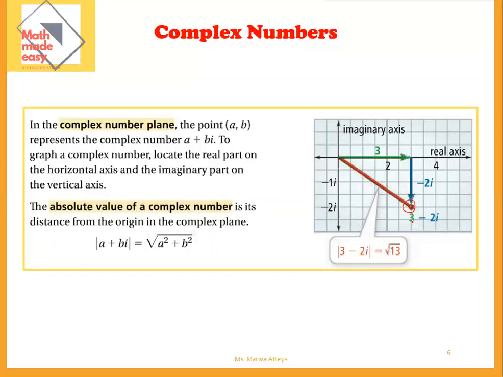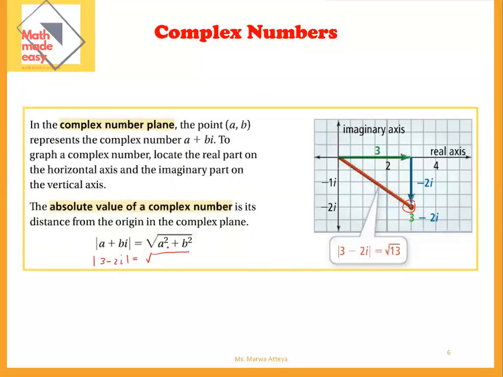One thing else we can know is how to find the distance between that number and the origin. We find it by finding the absolute value of the complex number. So the absolute value of 3 minus 2i is the distance between 3 minus 2i and the origin. And we actually use the distance formula to do that. So if I want to find the absolute value of 3 minus 2i, it is equal to radical 13.